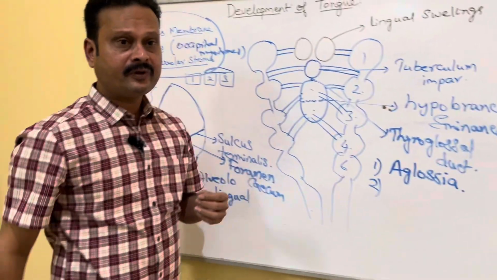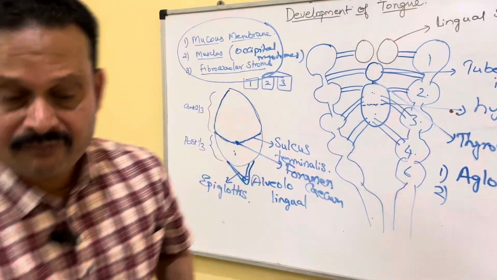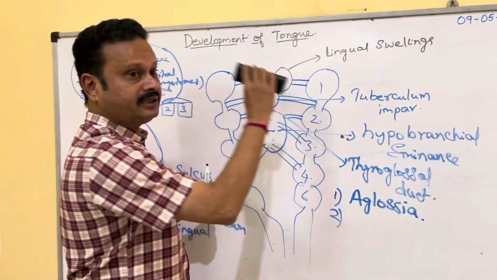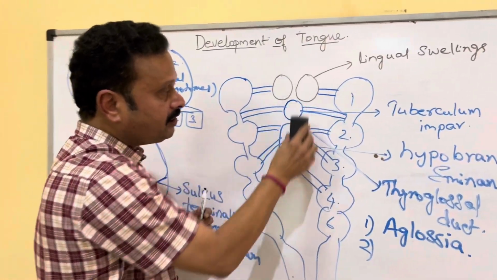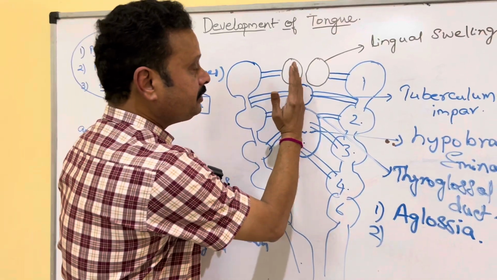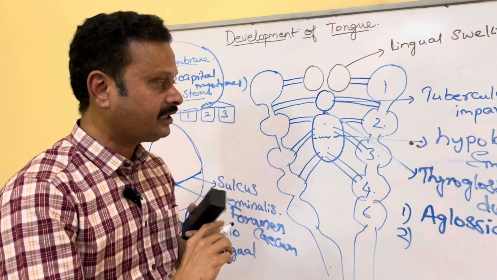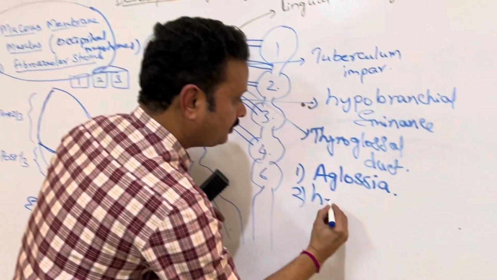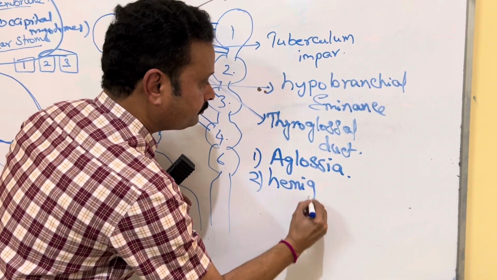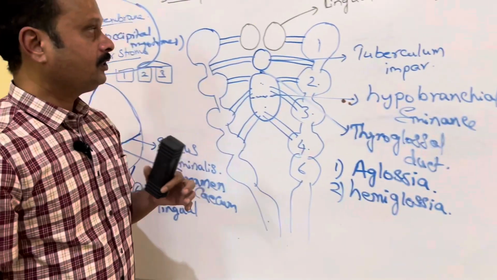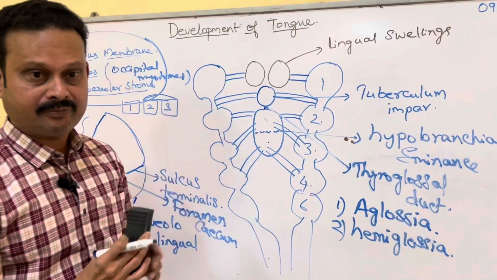Number two, when one half of the tongue is not developed, there is suppression of growth of the tongue on one side, which leads to hemiglossia. Is it clear? So one half of the tongue is not developed.